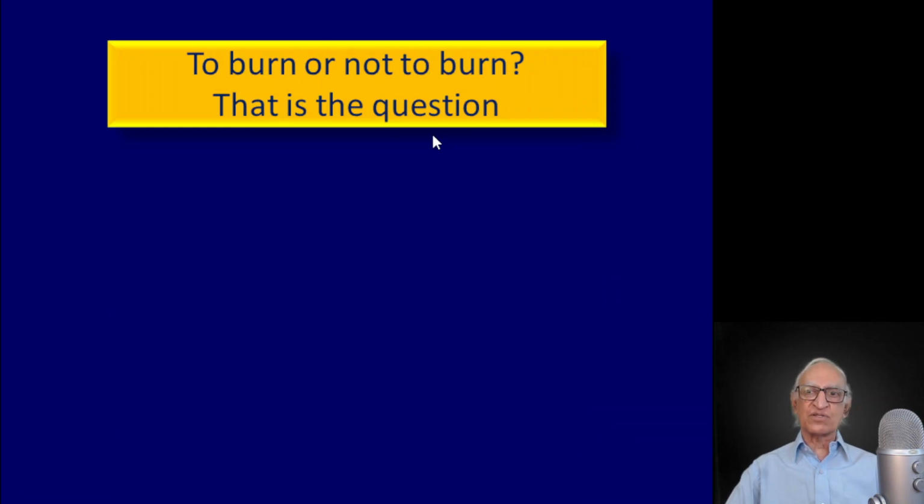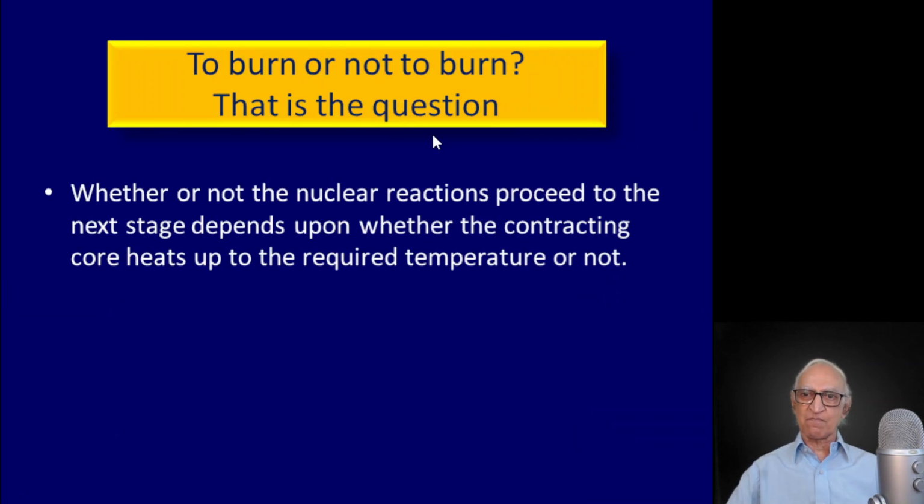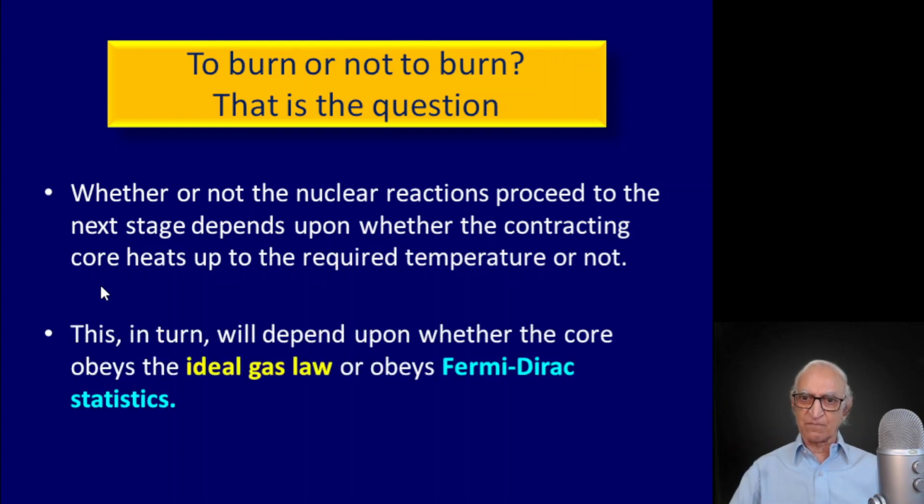To burn or not to burn, that is the question. Whether or not the nuclear reaction proceeds to the next stage depends upon whether the contracting core heats up to the required temperature that I mentioned in the earlier slide.